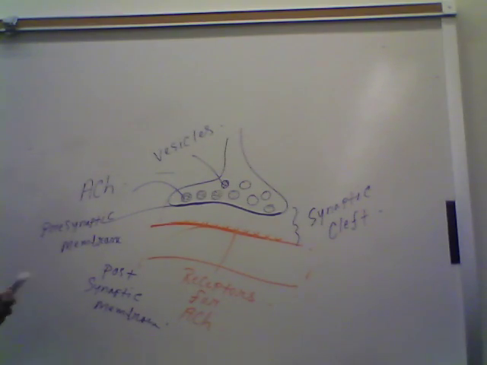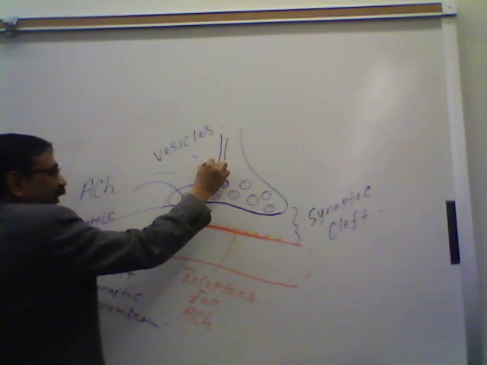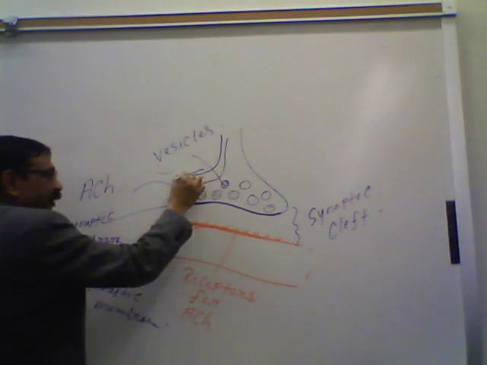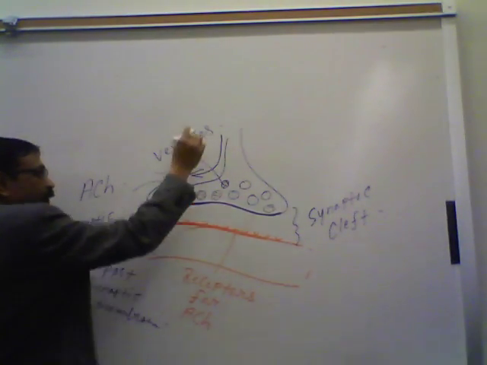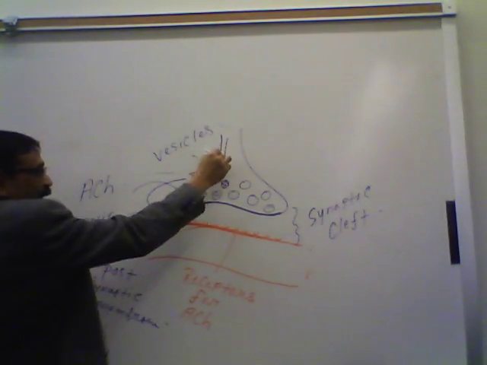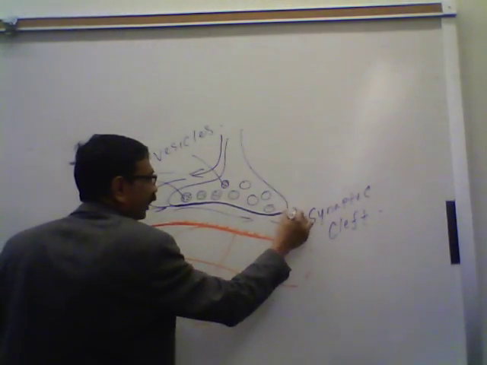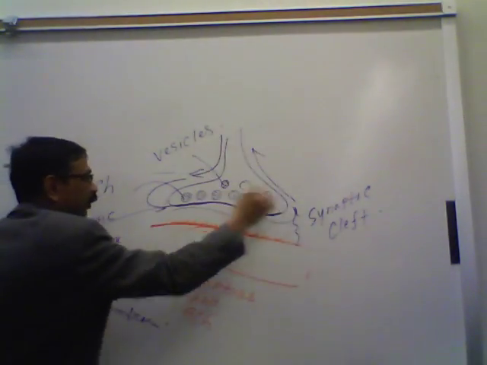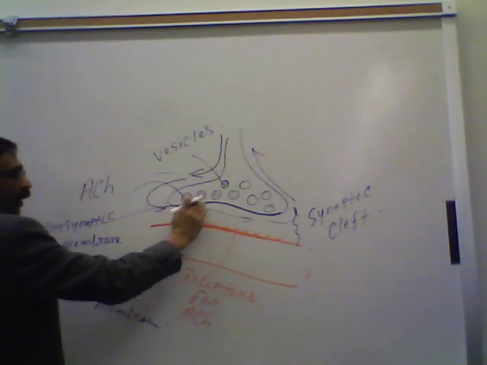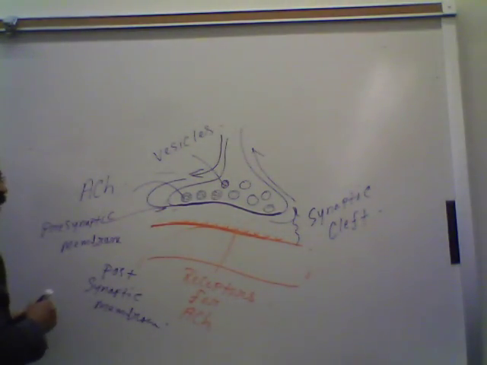Now, you know that nerves carry electrical signals, we have talked about that. The electrical signal passes through the axon terminal very quickly. When the electrical signal passes through the presynaptic terminal, what happens?